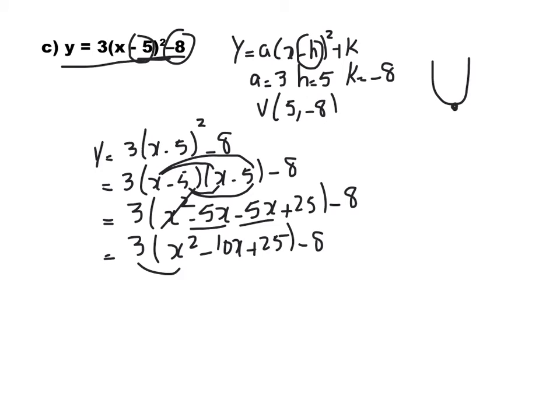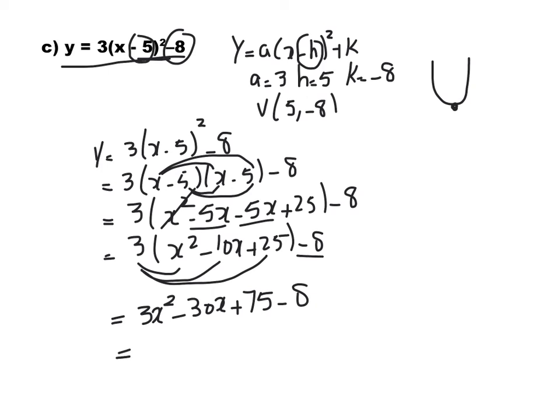Now I multiply 3 by every term inside the bracket. 3 times x squared is 3x squared. 3 times negative 10x gives me negative 30x. 3 times 25 gives me 75, and then minus 8 here. There is no like term to 3x squared, so it's 3x squared.